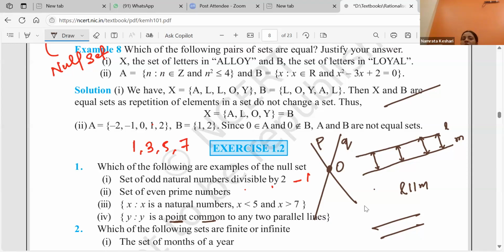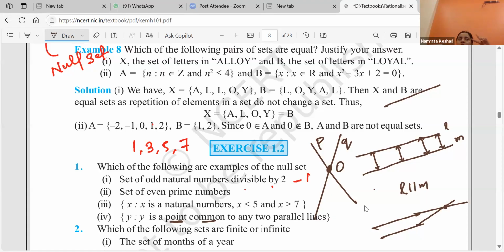But parallel lines cannot have any common point. So it is a null set. When we are saying parallel, then parallel and common cannot exist together. Ma'am, can't you draw a line connecting them? If we connect them, then it will not be parallel.